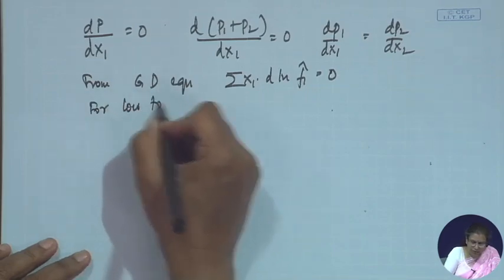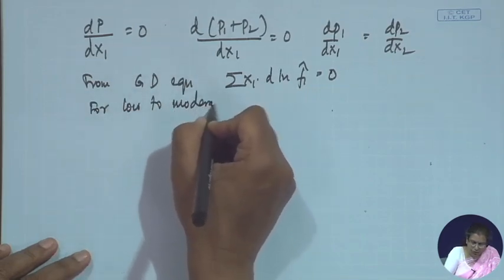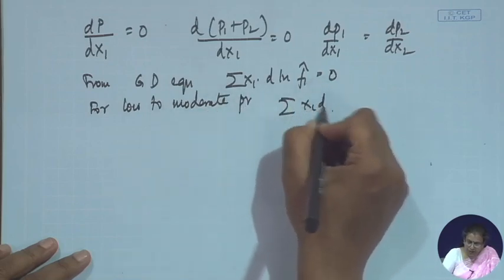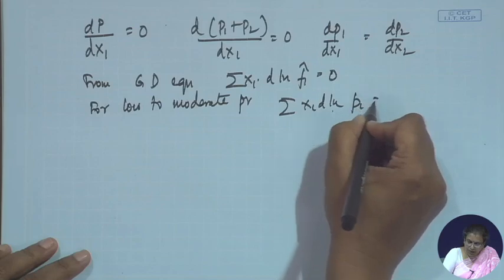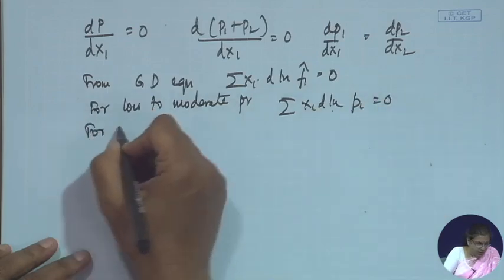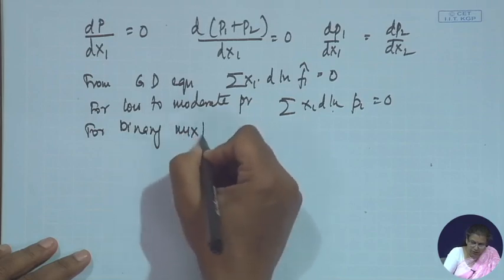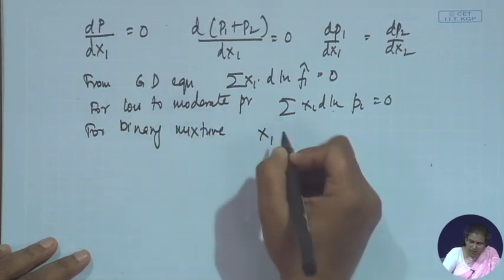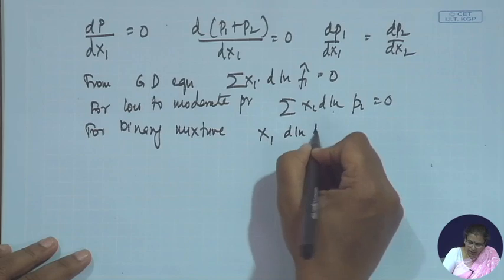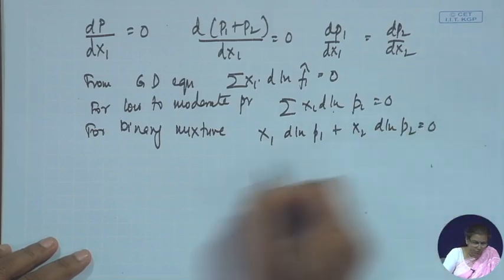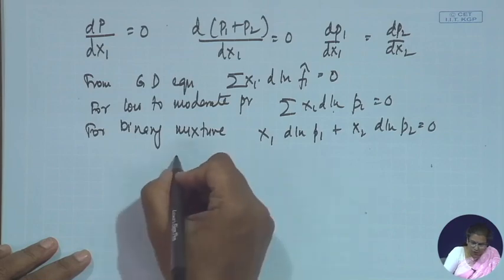This equation for low to moderate pressure, what happens? Fugacity becomes partial pressure, Pi. For binary mixtures or binary solutions, whatever you say, this reduces to x1 d ln P1 plus x2 d ln P2 equals 0, right. So, from here what do we get?